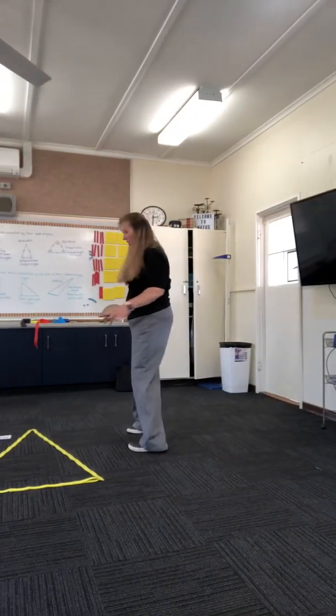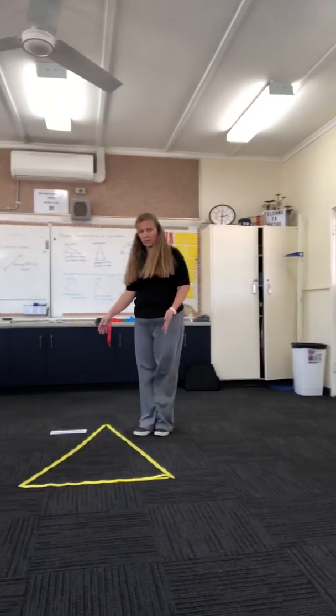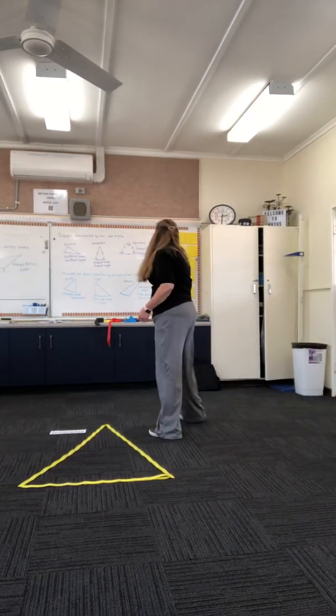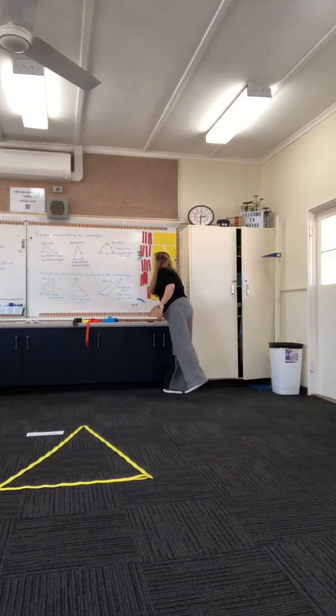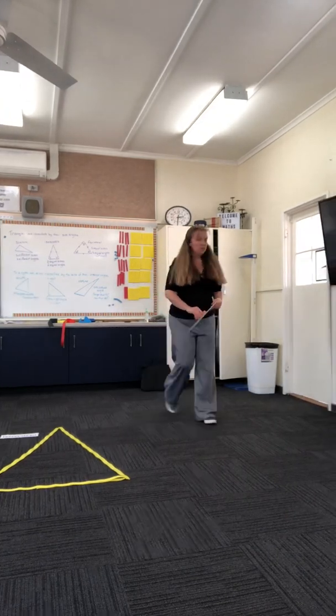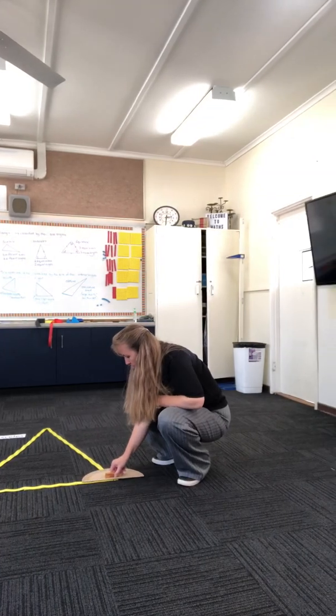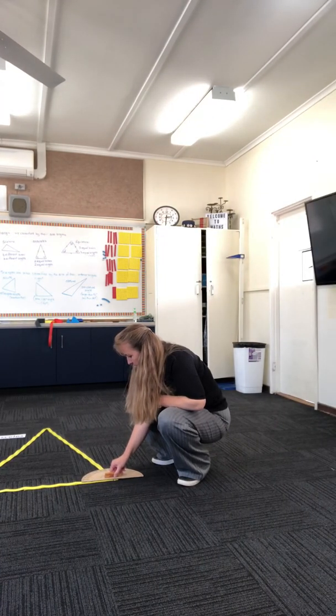Okay, now because these two sides are the same length, and the next one is a different size, when we use our protractor and we measure our angles, what we can see is this angle here is approximately 75 degrees.